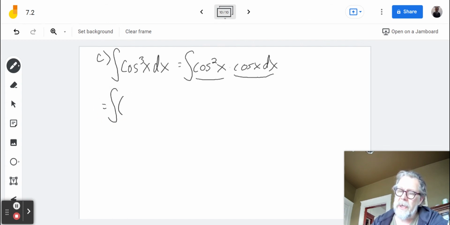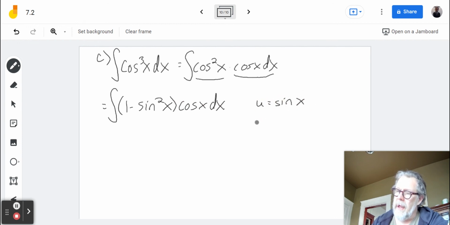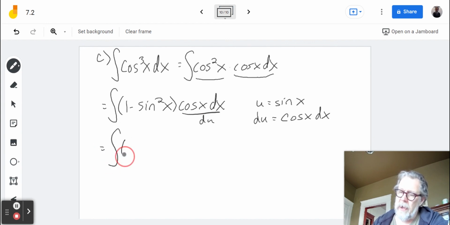I rewrite this as 1 minus sine squared times cosine x dx. I'm going to let u equal sine of x. That means that the differential du is cosine x dx. Hey, look, there it is. There's du, which means I'm asking for the integral of 1 minus u squared du. Hey, this is a polynomial.